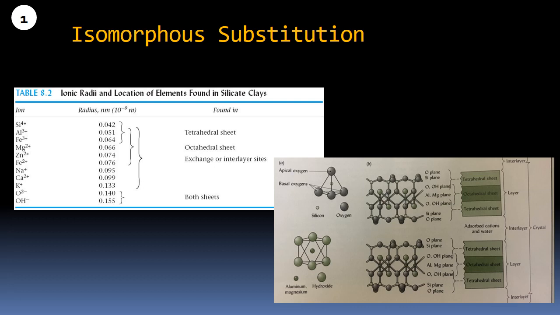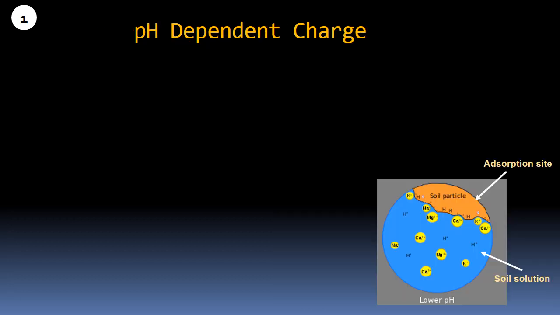It can also happen in the interlayer space between the layers. In the case here, this is a 2-to-1 clay type, and as you can see, exchange can also happen between the layers, because you also have tetrahedral sheets.